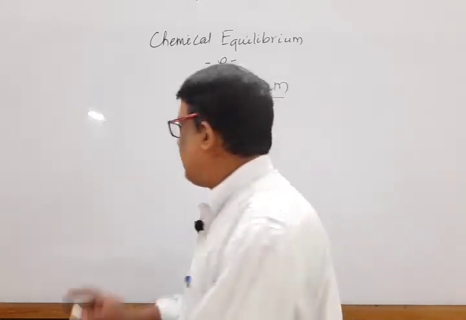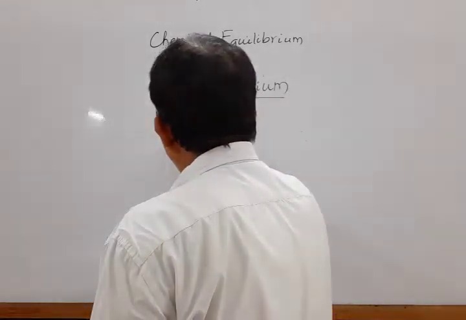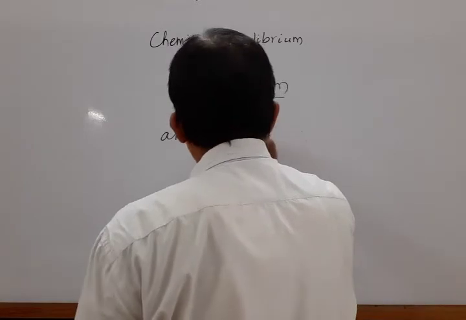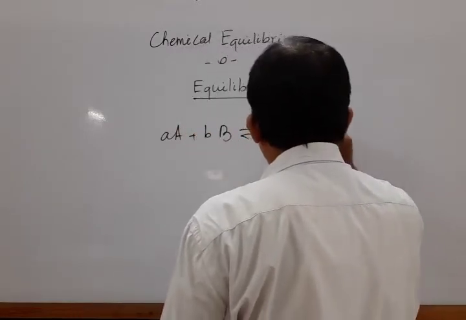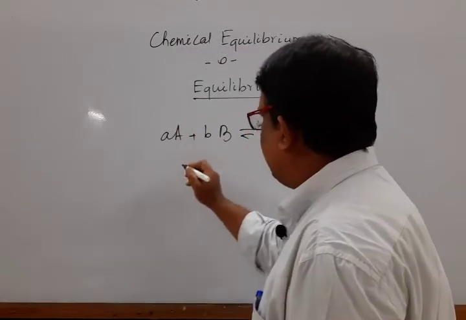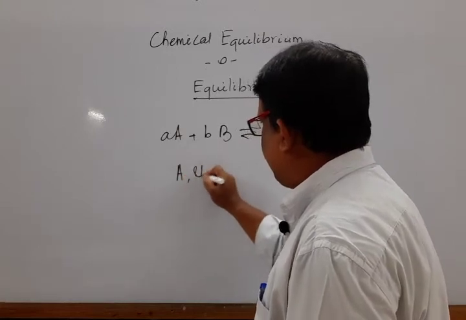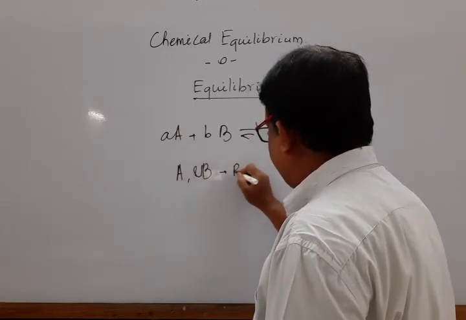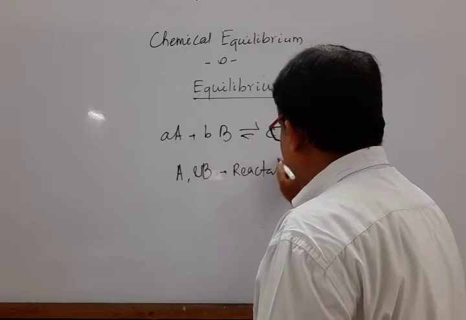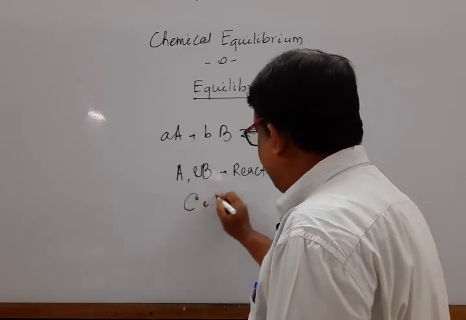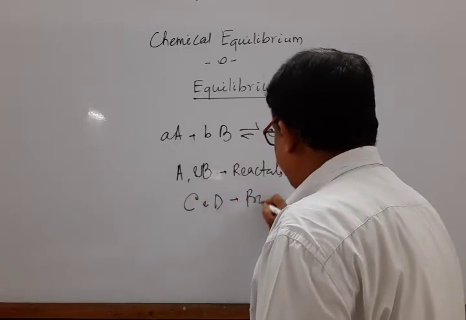Let us consider one reaction. A plus B give rise to C plus D. Mark that in this reaction A and B are known as reactants and C and D are known as products.